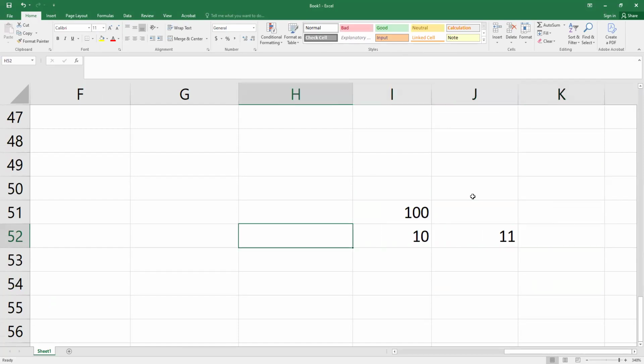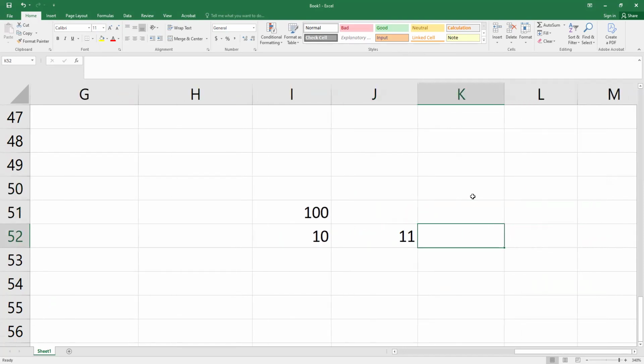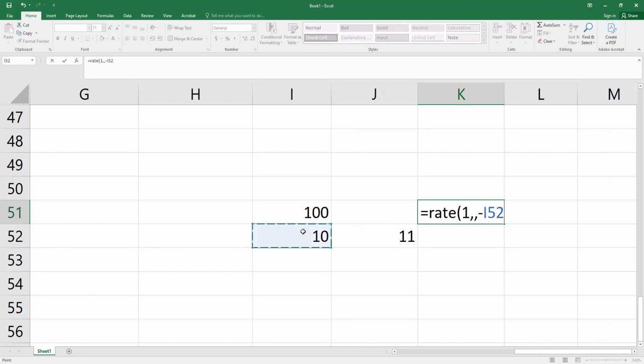Easily we can calculate the rate that it increases, the banking rate, which is 10%. We can just put rate, number of periods, we said is 1 here. PMT, we don't have it, but we have the present value, which is 10, and the future value is this. That's 10%, we get it, okay?